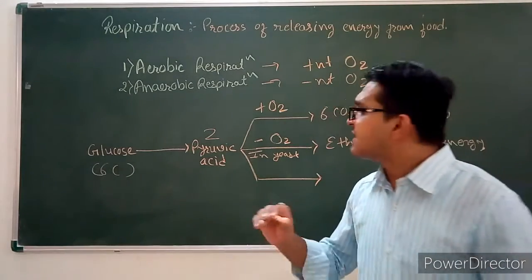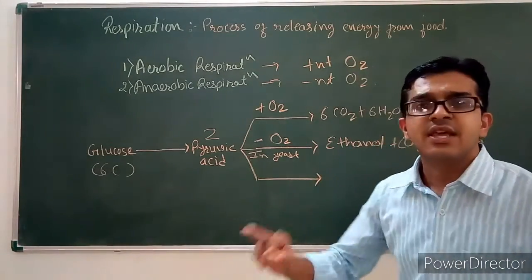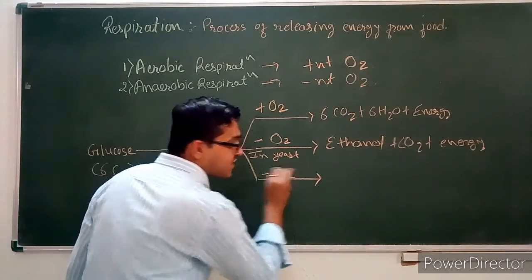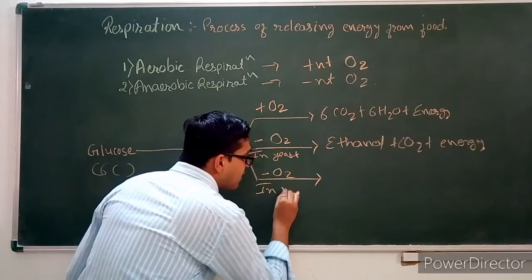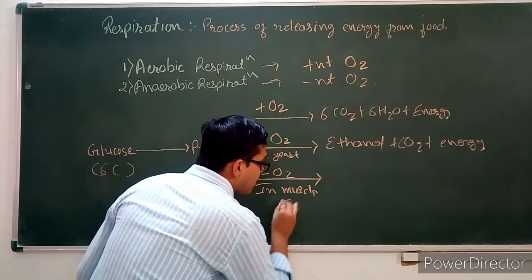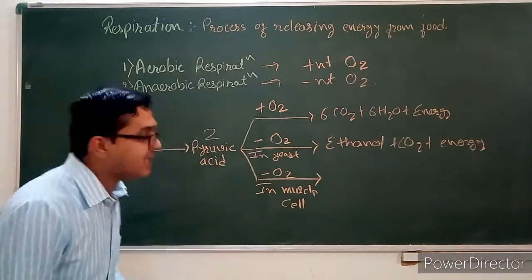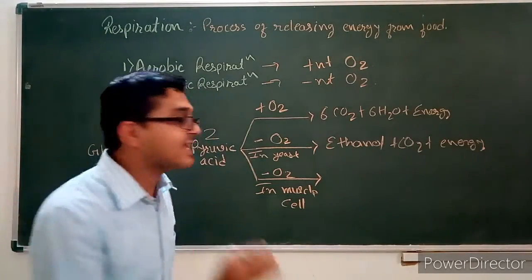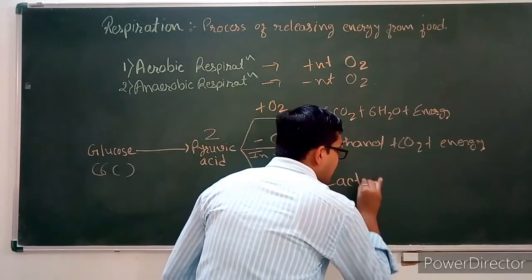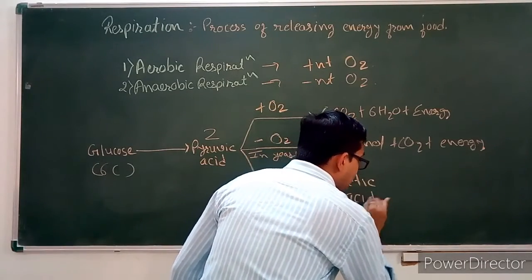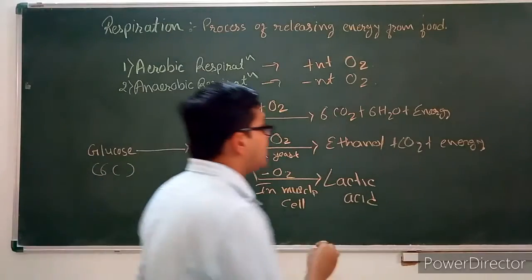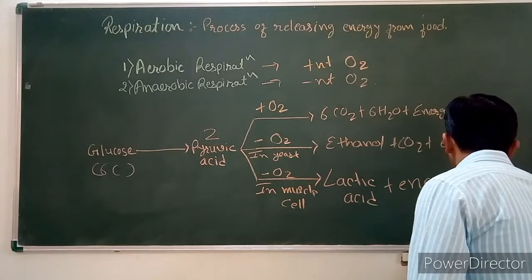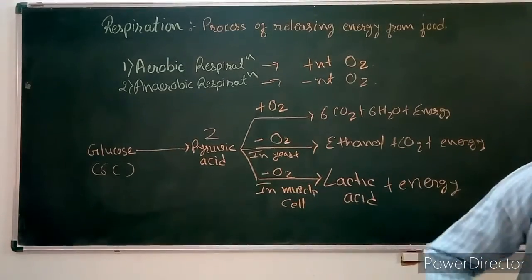where there is an absence of oxygen in the muscle cell, the pyruvic acid is converted into lactic acid, and it also releases some amount of energy.